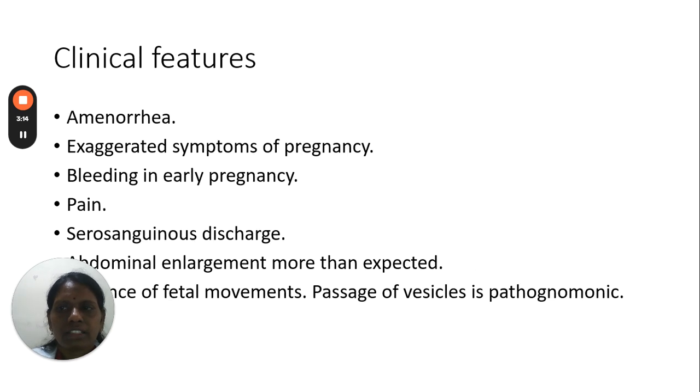Clinical features are amenorrhea, exaggerated symptoms of pregnancy, bleeding in early pregnancy, pain in the lower abdomen, serosanguinous discharge, abdominal enlargement more than expected for gestational age, absence of fetal movements, and passage of vesicles, which is pathognomonic of molar pregnancy.